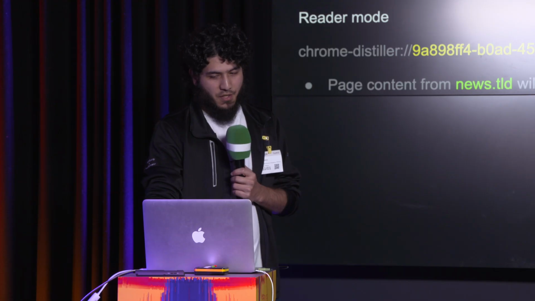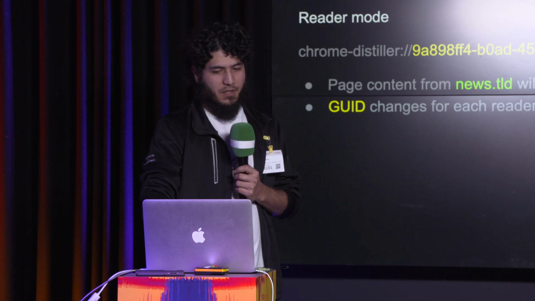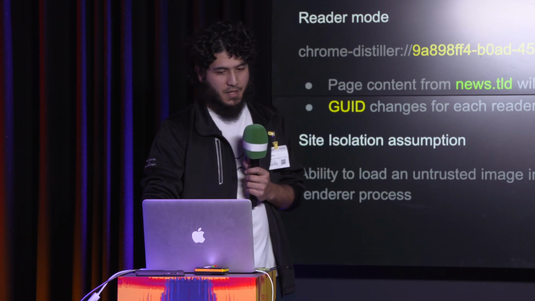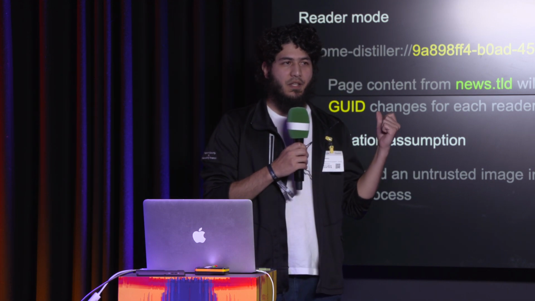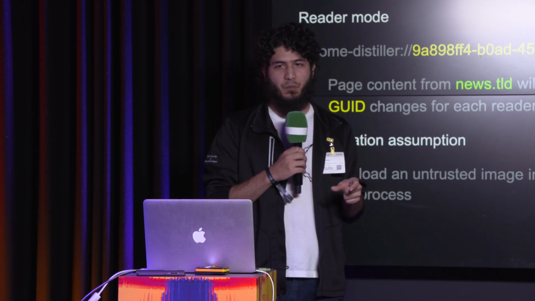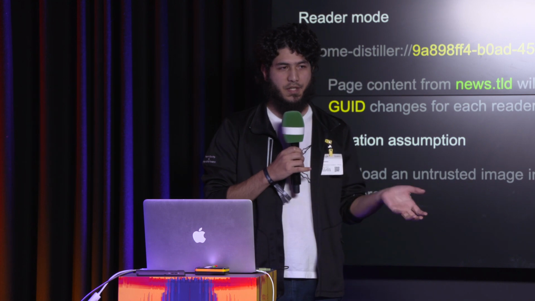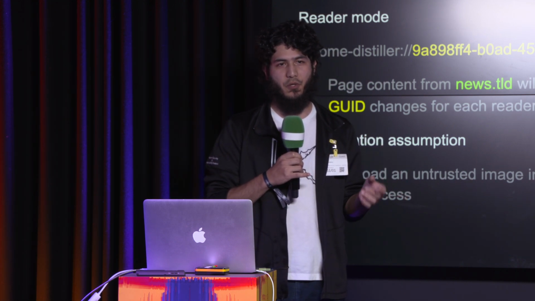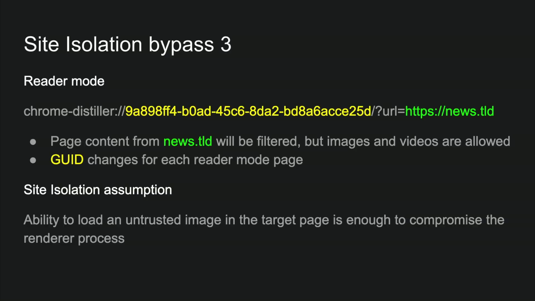They allow images and videos, but the GUID changes for every load. But the site isolation assumption here is that if you are able to load even an image in a target site, you can compromise that process, because there's also a bug in the image parser that can potentially compromise the render process, right? So you can load images and video, and there was another bug which I can't talk about.